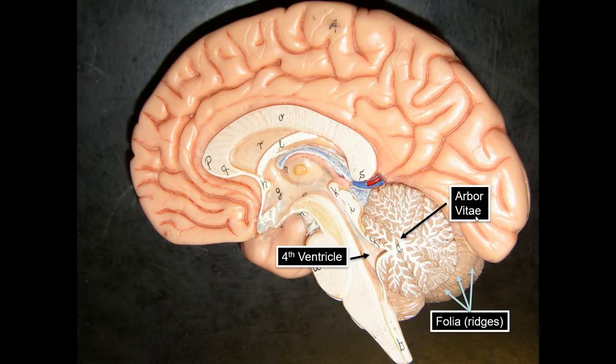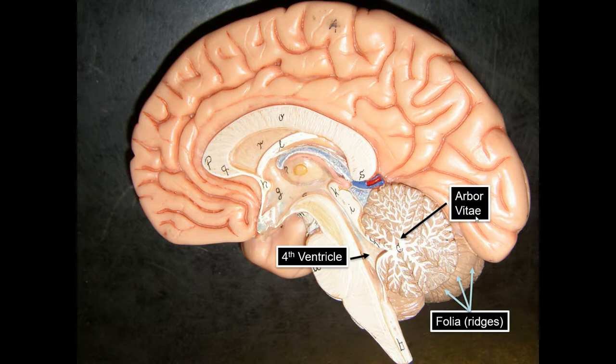If we look at it in section, you can see that inside we have this white tree-like formation. It's white matter. It's called the arbor vitae. And if you look at it, it looks like the tree has leaves. The leaves are gray matter, and they're called folia. They're ridge-like structures, and what they are there for is to increase the surface area.